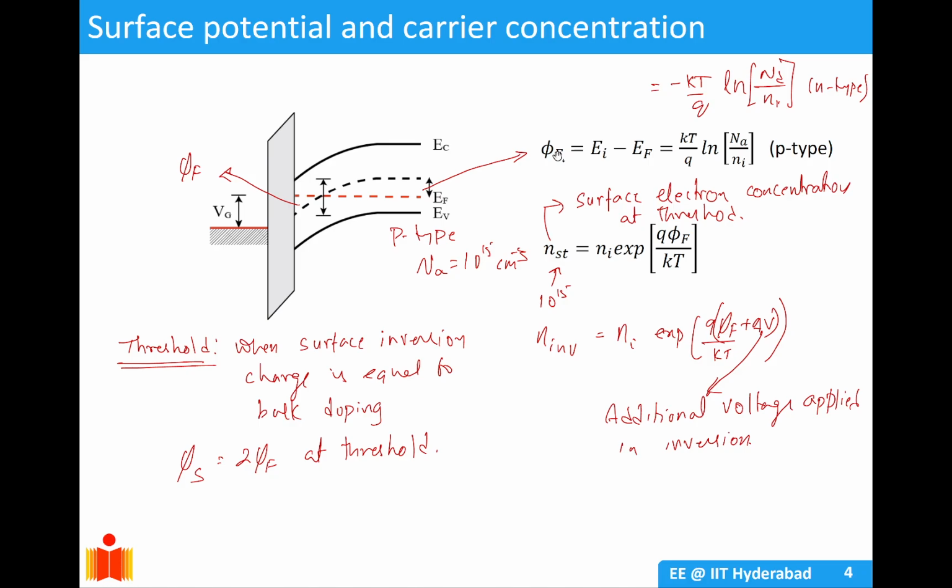So we know phi f is equal to Ei minus Ef, which is given by kT by q ln Na by ni for p type, and minus kT by q ln Nd by ni for n type. So from that you can now calculate your electron concentration at threshold, which is nst. This is a p type, so inversion charges are electrons. So nst equals ni exponential minus q phi f by kT.